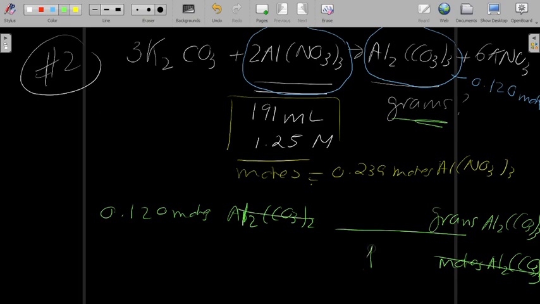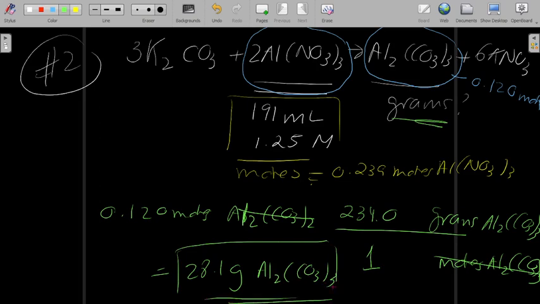And I know that in 1 mole, if I start adding the AMUs for each one of those, so 2 aluminums, 3 carbons, and 9 oxygens, add them up. That's what the formula says. If you start adding them up, you know that in 1 mole there are 234 grams. Put everything in the calculator, and that's where that 28.1 grams of aluminum carbonate answer came from.